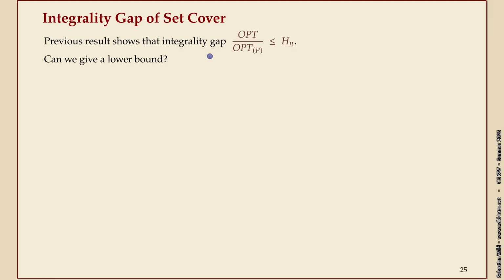And so if you phrase that, our approximation algorithms can be seen as relying on the integer linear program and its relaxation. So we've shown with the previous algorithm essentially that the integrality gap is at most H_n, because we bounded the cost in terms of the optimal LP value.